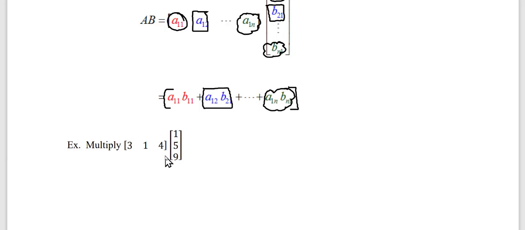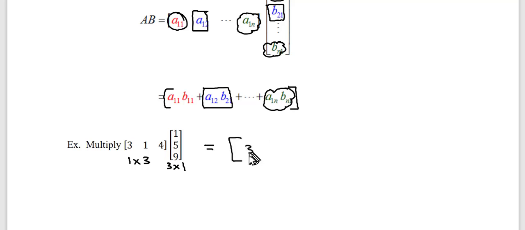We have a row matrix by a column matrix. This is 1 row by 3 columns. This is 3 rows by 1 column. We will get a 1 by 1 when we multiply this. Here's how we do it.